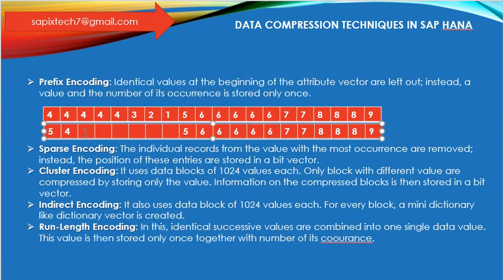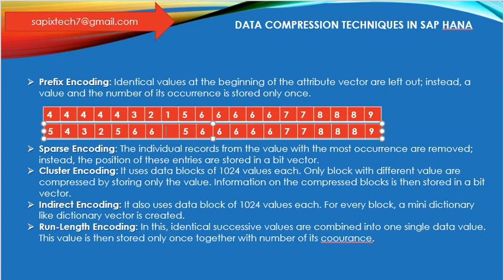Isn't it? Now, what is the next data? 3. Then we have a 2. Then we have a 5. And how many 6s do we have? 1, 2, 3, 4, 5, 6. 6, 6.